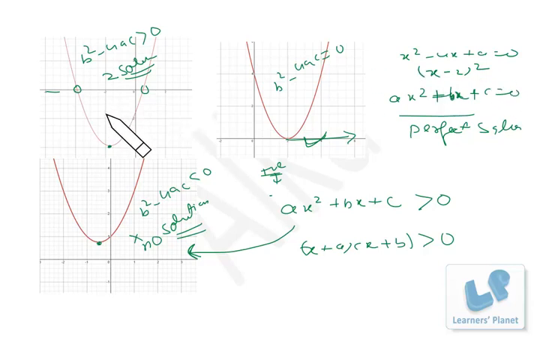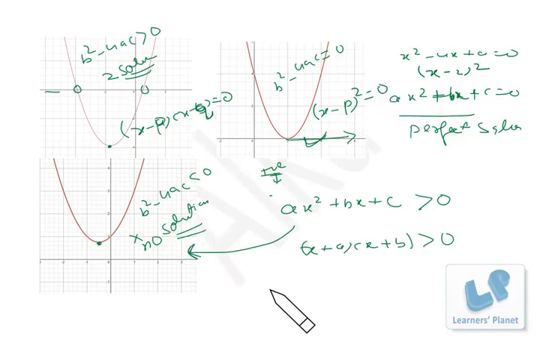In this case, b square minus 4ac is greater than 0. You are having two roots, so both the roots are different. So this is like (x minus a)(x minus b) is equal to 0. Here I do p and q, so no confusion between this a and this a. So (x minus p)(x minus q) is equal to 0. This is (x minus p) whole square is equal to 0.